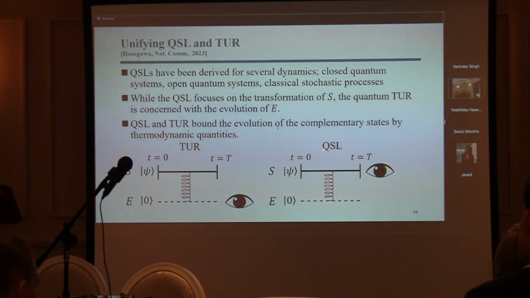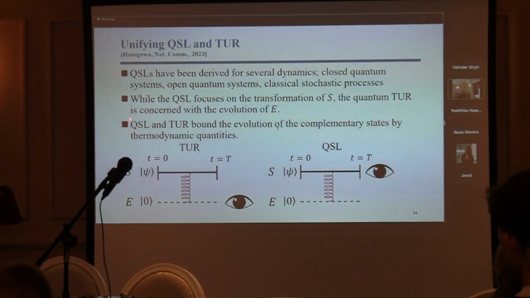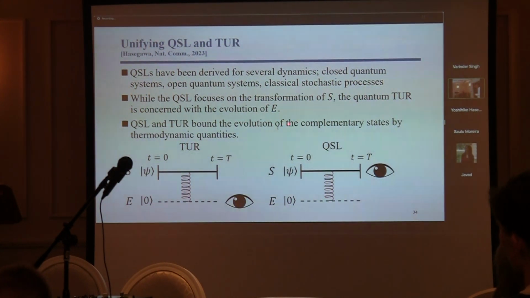On the other hand, for the case of QSL, we are interested in the time evolution of S. So QSL and TUR bound the evolution of the complementary systems by thermodynamic quantities.